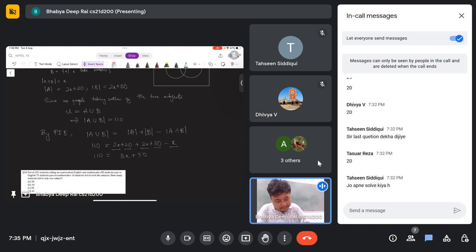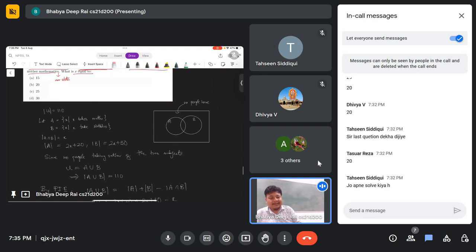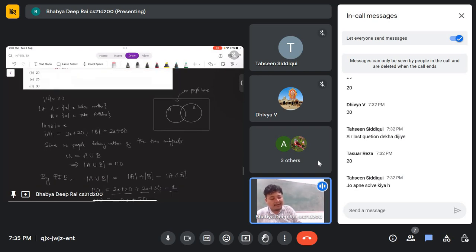So what do you have? 3x is equal to 110 minus 50, which is equal to 60. X equals 60 by 3, which is nothing but 20. So option B, 20, is the correct answer. Good. So most of you have got it.